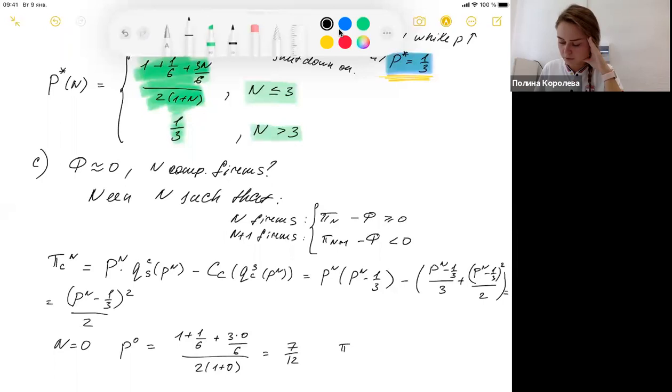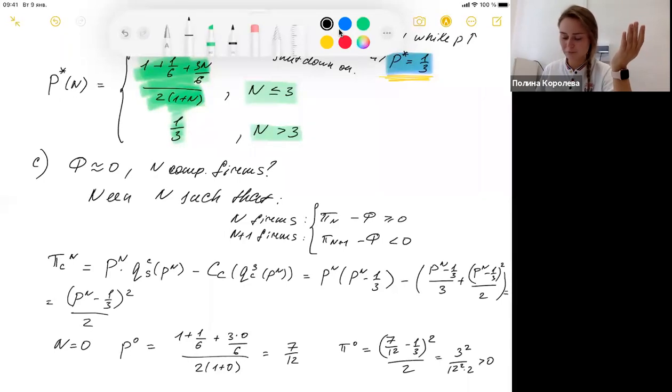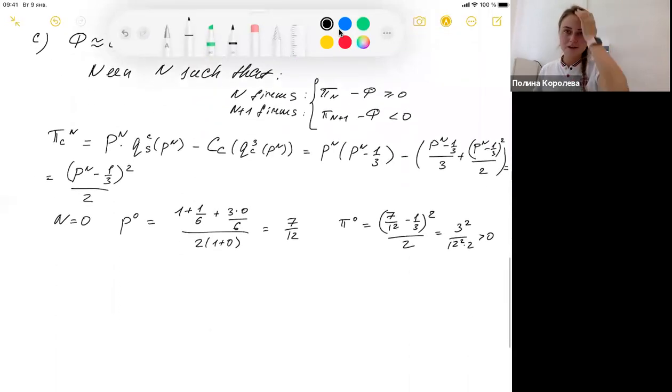So the profit of each competitive firm, if we have 0 competitive firms, is 7/12 minus 1/3, squared, over 2. And we see that it is positive. It is 3 squared over 12 squared multiplied by 2, bigger than 0. So competitive firms have incentives to enter.